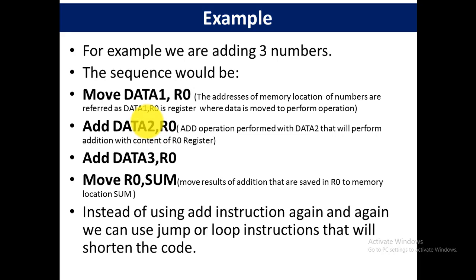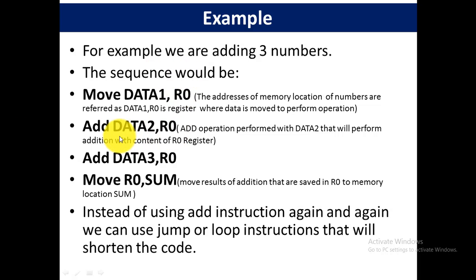In assembly language, the address of the memory location of numbers is referred to as data 1, while R0 is the register where data is moved to perform the operation. It means that in register 0 we are moving the value from the memory location of the number.